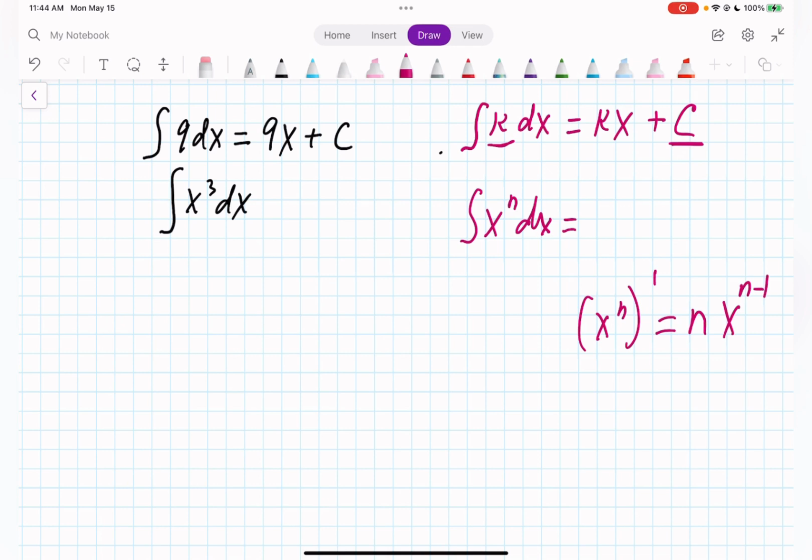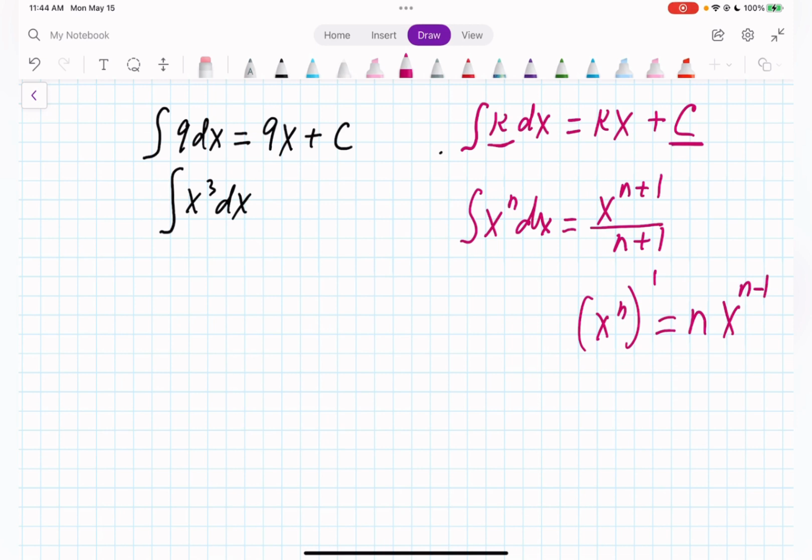Opposite. So instead of n minus 1, we are going to get x to the power n plus 1, and we're going to divide by n plus 1 instead of n. Okay?